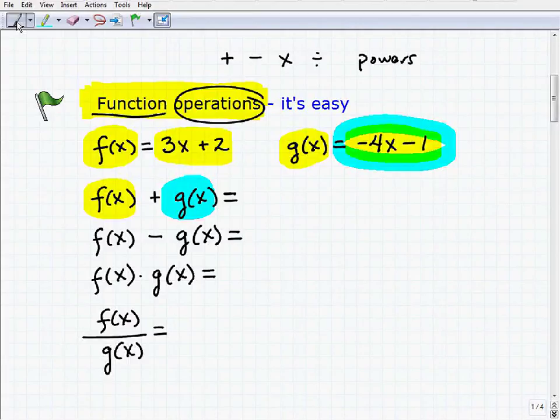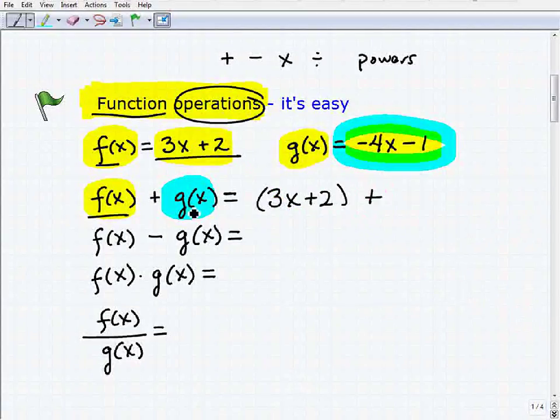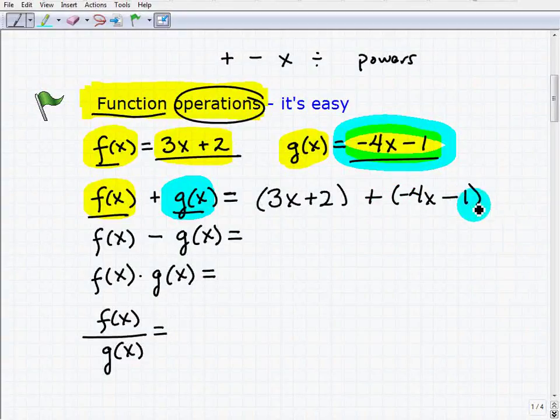Some of you might say, well, f of x is equal to 3x plus 2, and I'm going to take that function and add it to the function g of x, which is negative 4x minus 1. Maybe that's what it means. If you guessed what I just wrote here, then you would be correct.